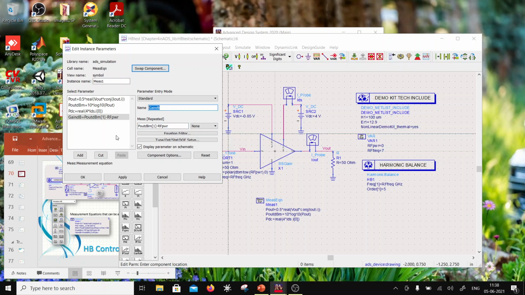And what about the PAE? Okay, so I can say PAE, and this will be equal to P out divided by P in plus PDC. So I'll look at P out at the fundamental divided by something which is going to be P in, which is going to be RF power, plus PDC, plus the DC power, into 100.